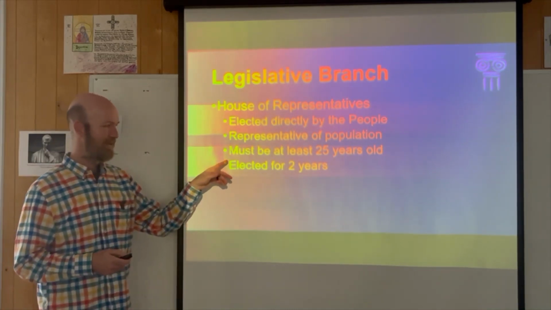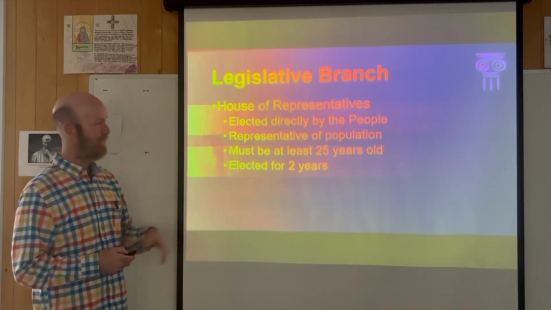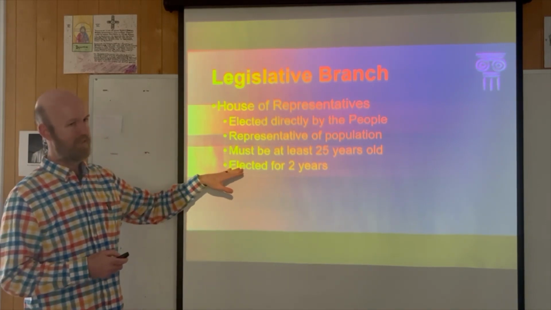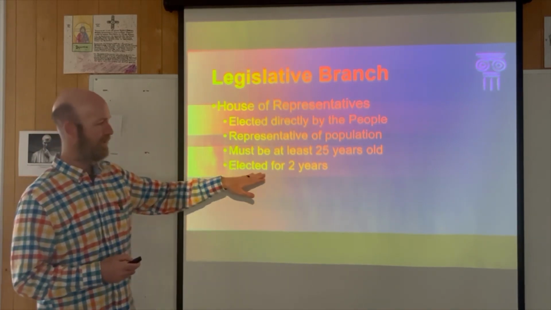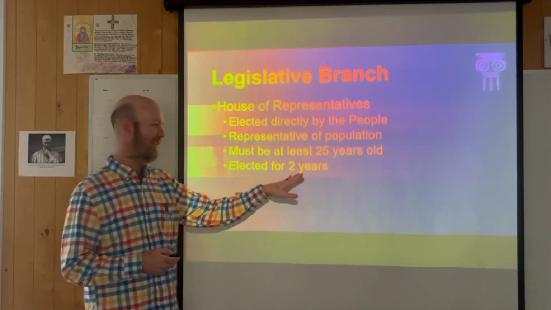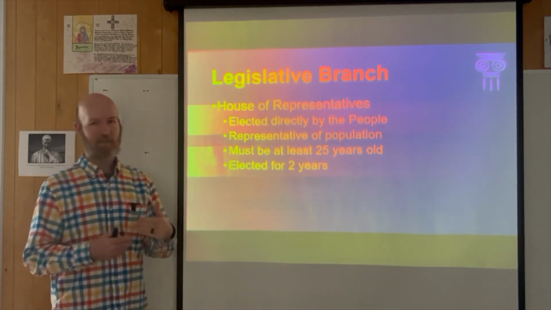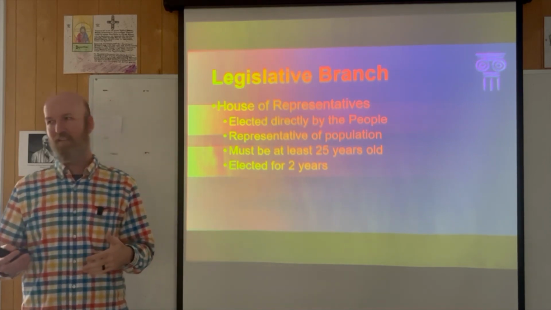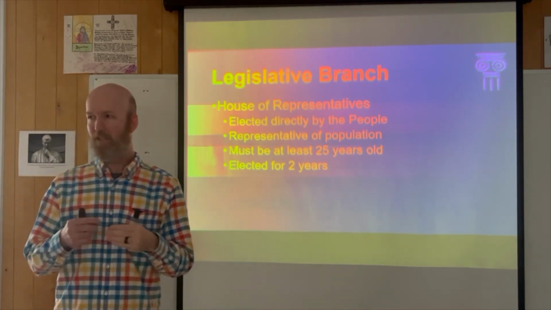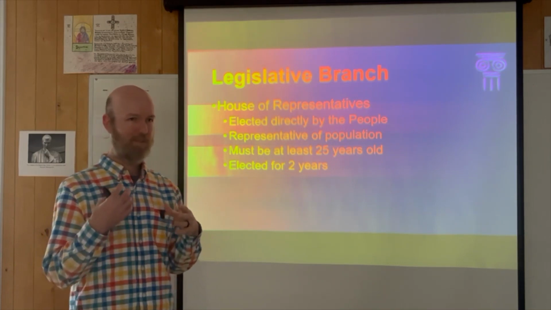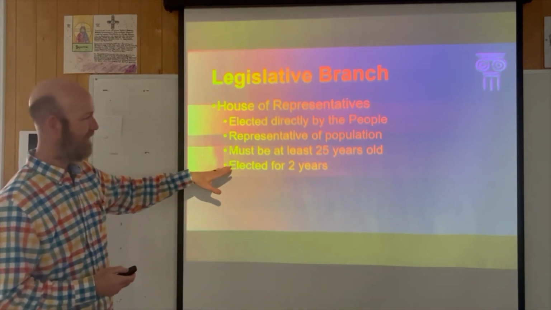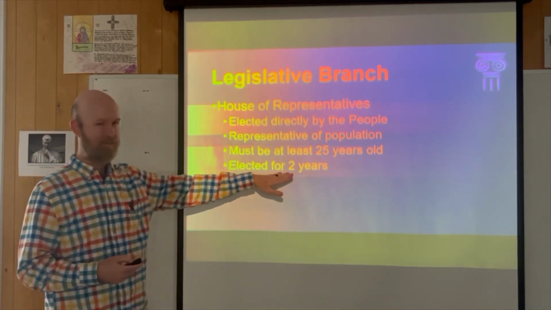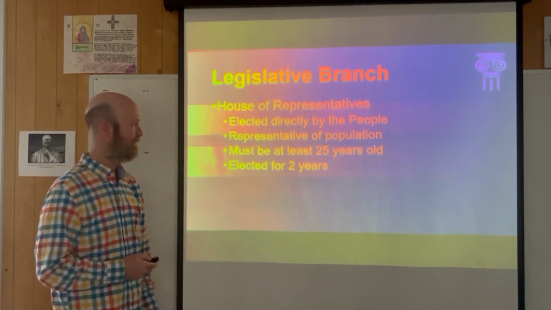In order to be a representative, you have to be at least 25 years old, and they're elected for 2 years at a time. The reason for 2 years, which is a fairly short amount of time, is that they have to keep in close contact with their constituents, the people they represent. That way, if there's a new issue, a pressing issue, something people are concerned about today, the representatives have to worry about that because they're up for election within the next 2 years.